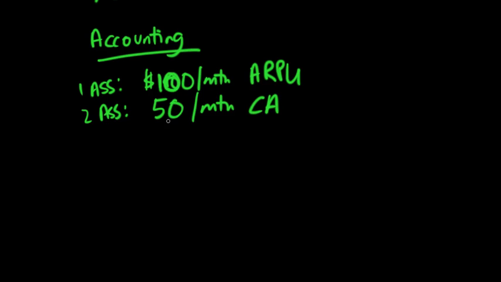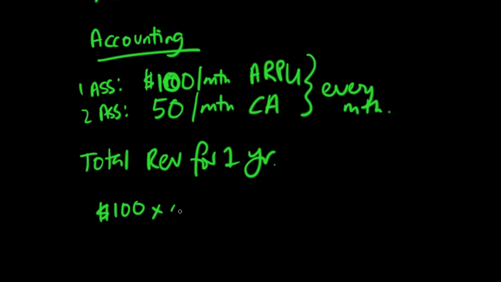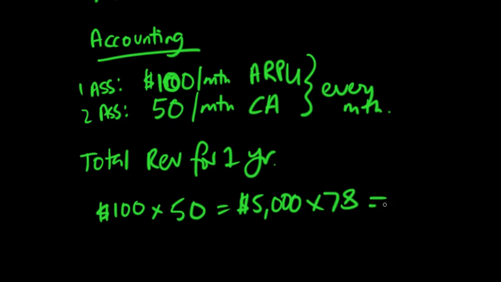So if we want to now know what is our total revenue for 1 year, based on if this repeats itself every month, it's a very simple piece of math. It's 100 times the 50, which gives us our monthly incremental revenue, times 78.